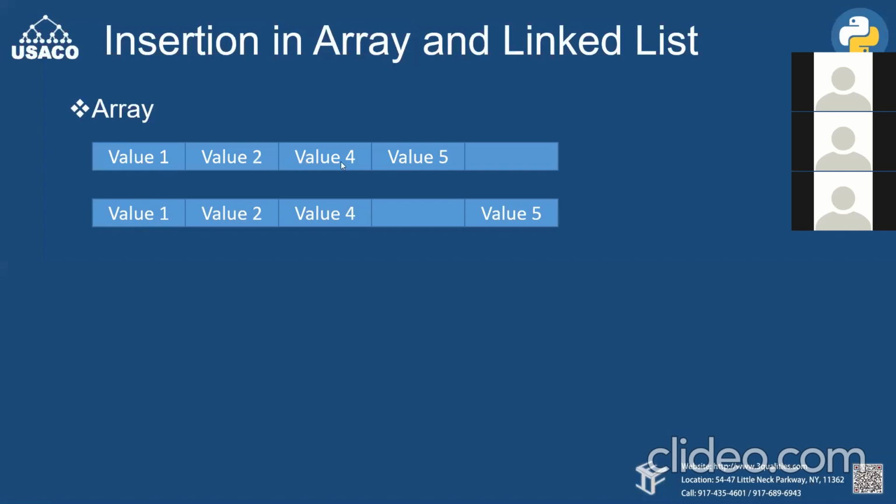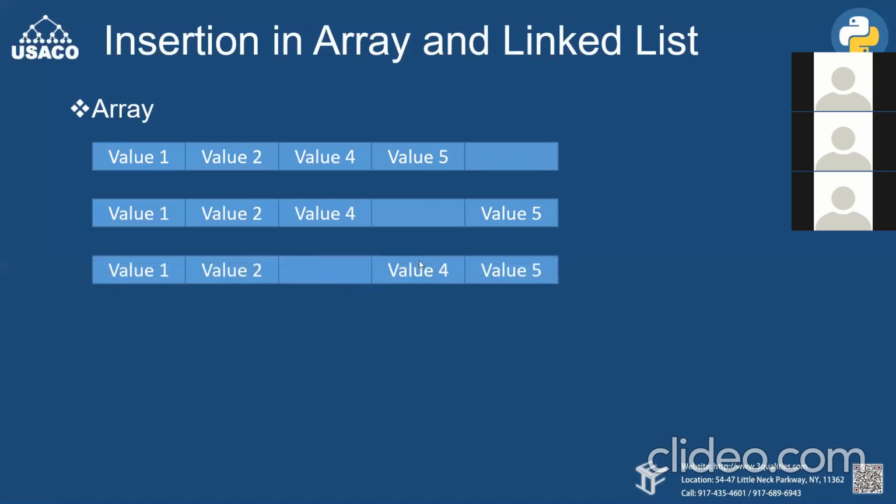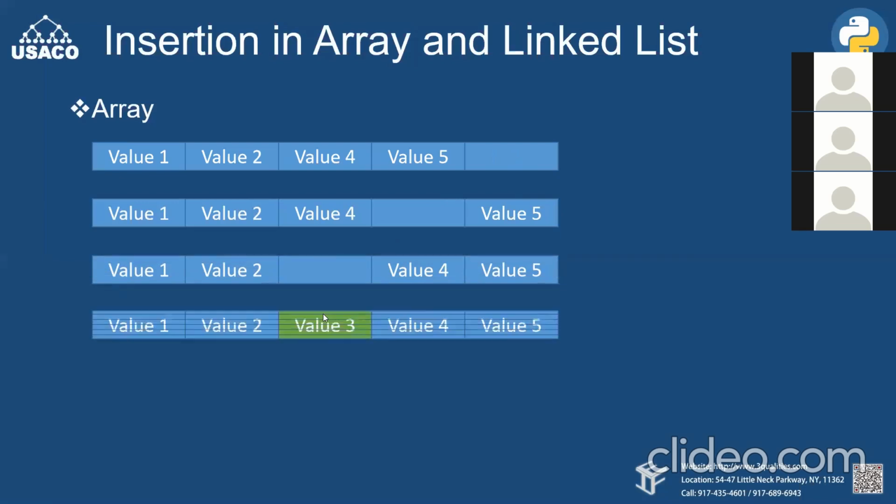But I found that there's extra space at the end of the array. So the memory is moving those values after value 3 back. First, it shifts value 5, and then it shifts value 4. Now this position is empty, and it's good for me to insert value 3.